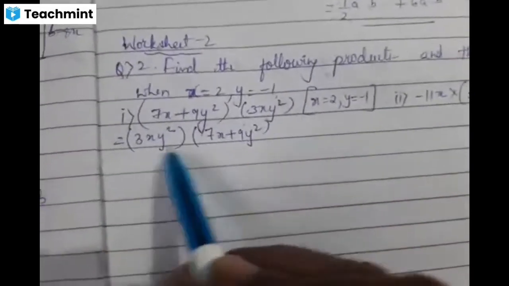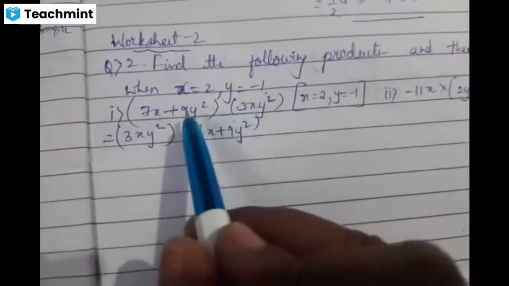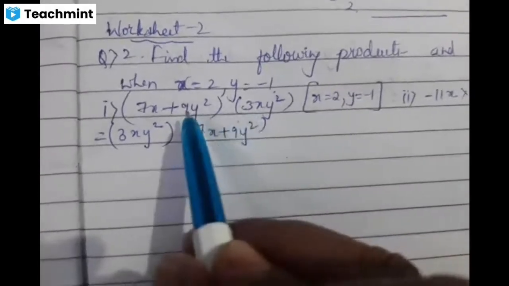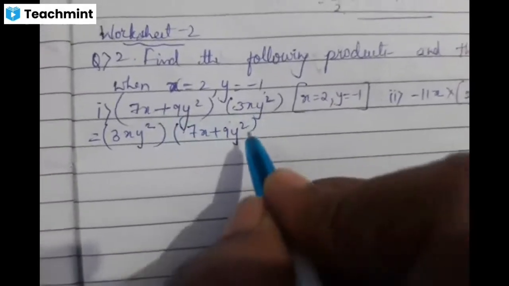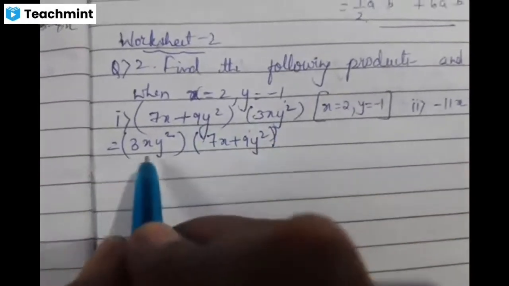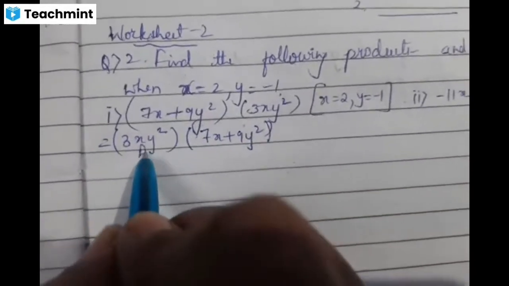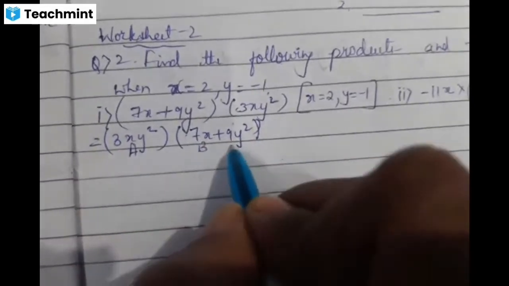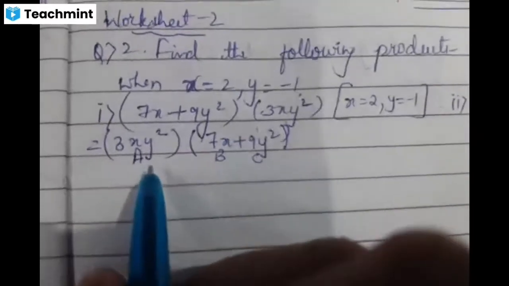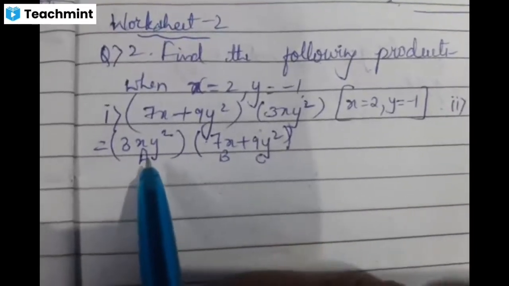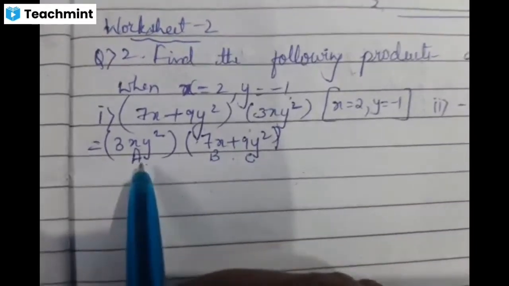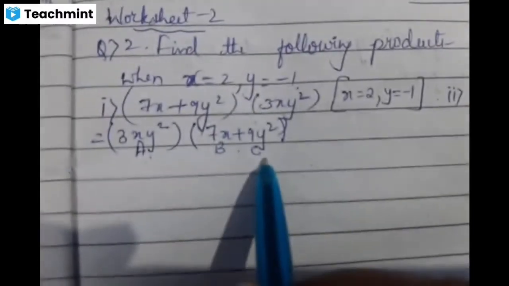I have just changed the positions of monomial and binomial, so that if this is A and this is B and this is C, what is the formula to find the product of monomial and binomial, children? A into B plus A into C.